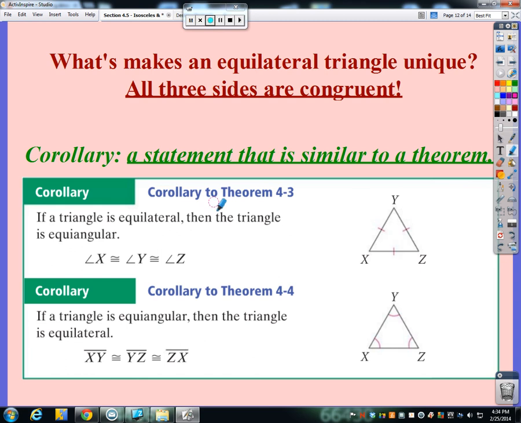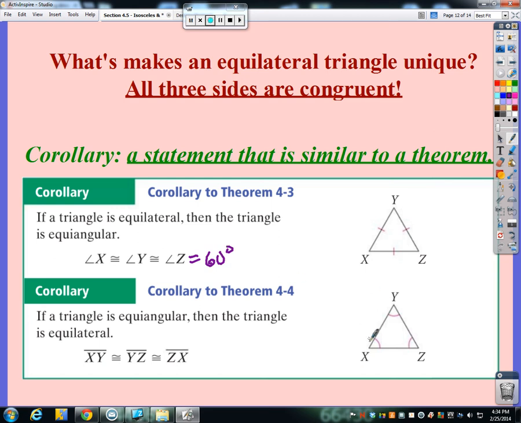Okay? So this just says that if you have an equilateral triangle and all three sides are the same, then all three angles opposite those three sides are also congruent. And what specific value will those three angles have? Because we're limited to 180 degrees, they must all equal 60 degrees, right?